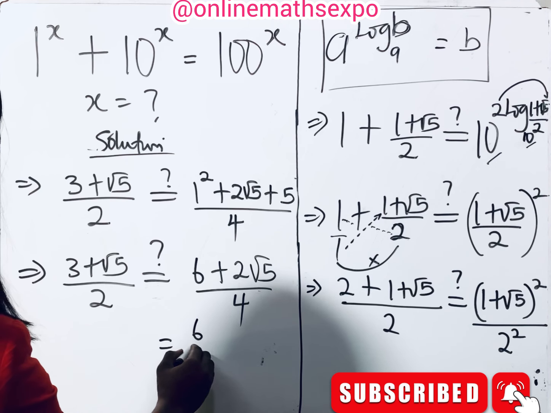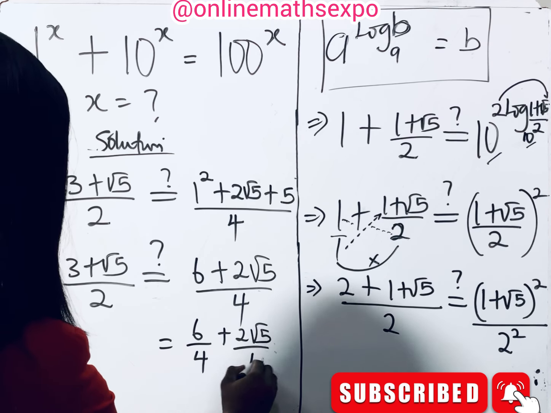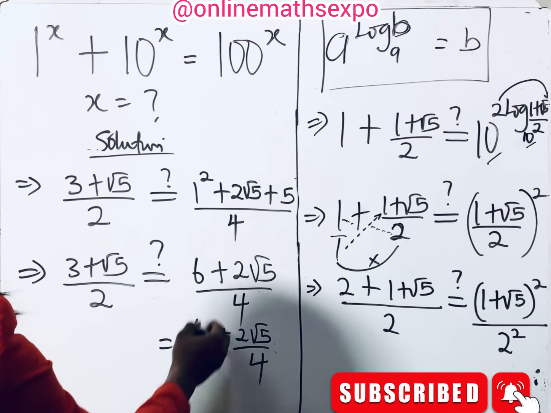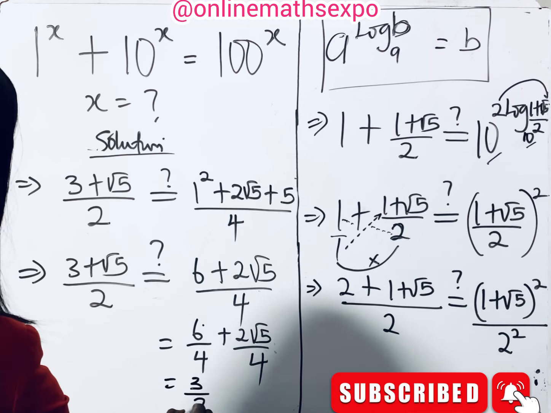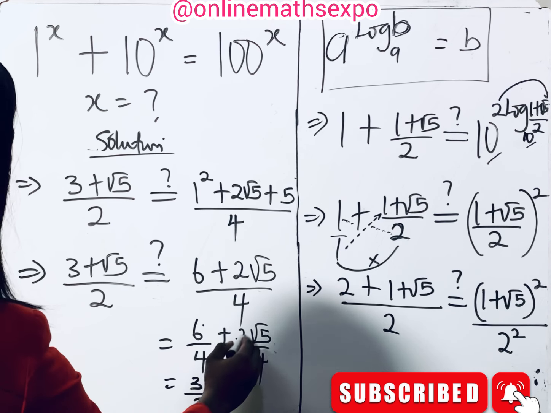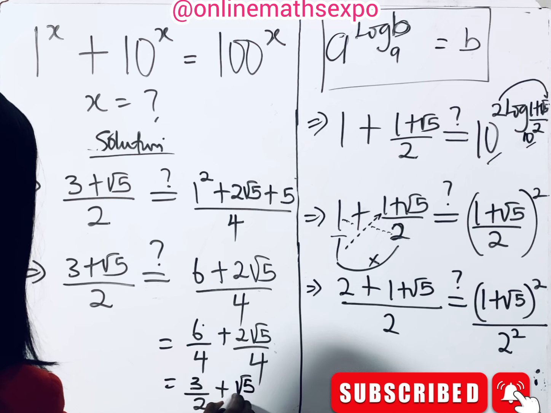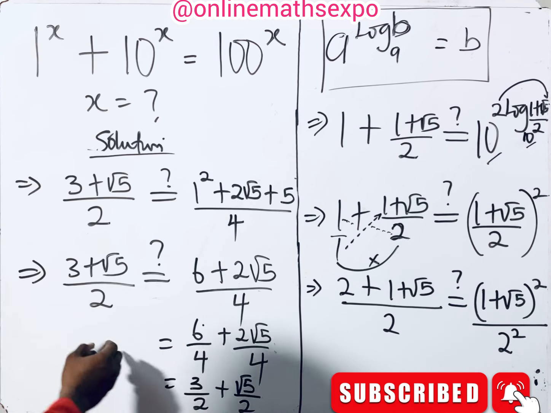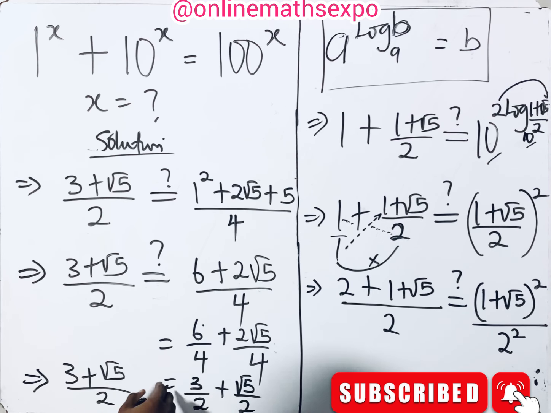So we have 6 divided by 4 plus 2 root 5 divided by 4. When you divide this, we have 3 divided by 2 plus, 2 goes there, 1 goes there, square root of 5 divided by 2. For the left side, we have 3 plus root 5 divided by 2. I hope you are seeing what we're doing.